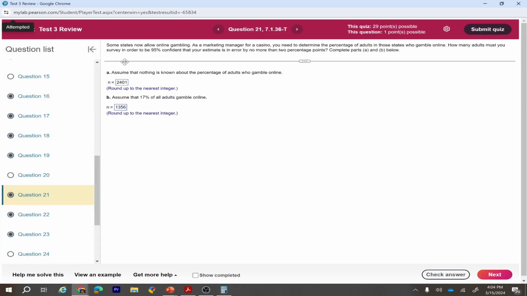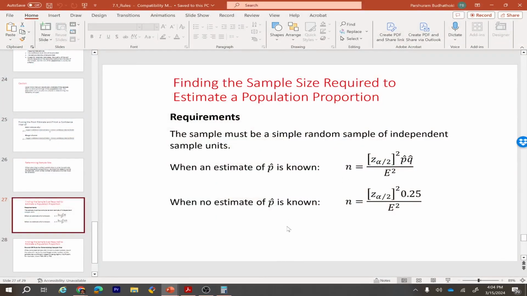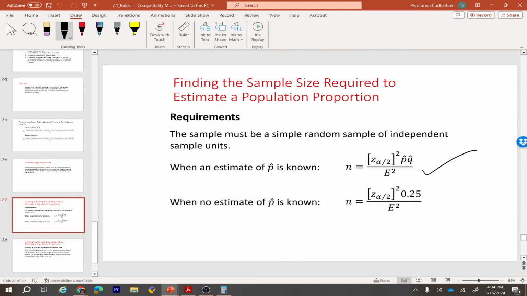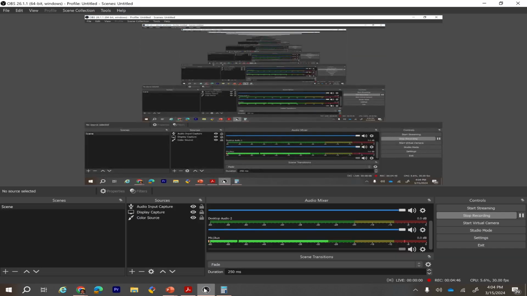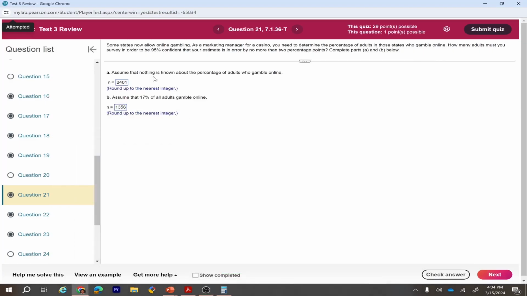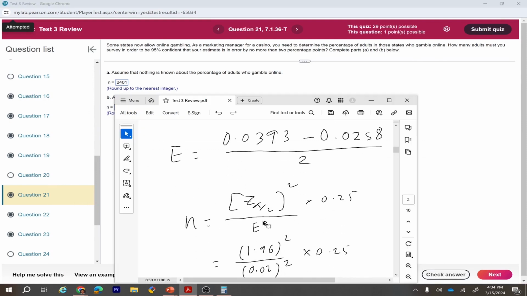Question number 21. Here you need to use formulas from section 7.1: the first formula if you know the sample proportion, and the second formula if you don't know the sample proportion. In this problem, for the first case, you don't know the sample proportion, so we're going to use this second formula.